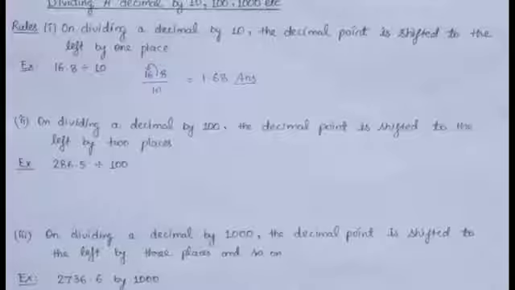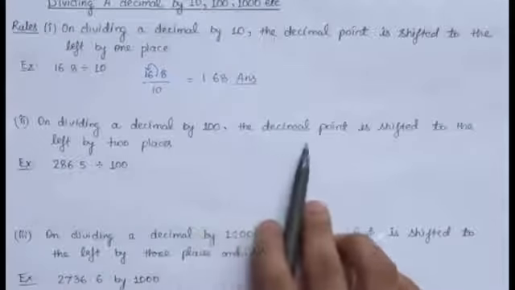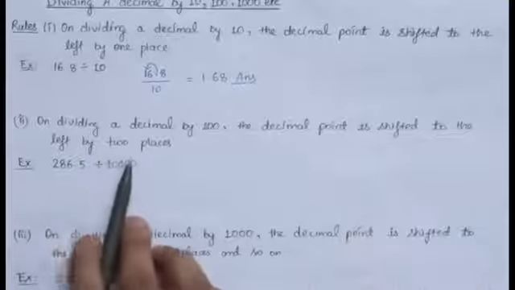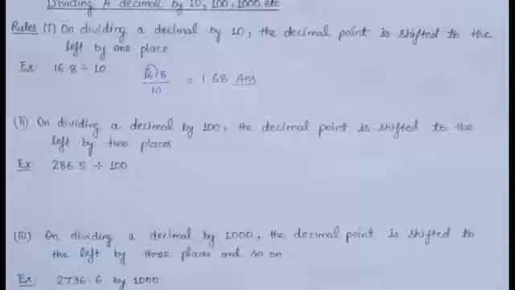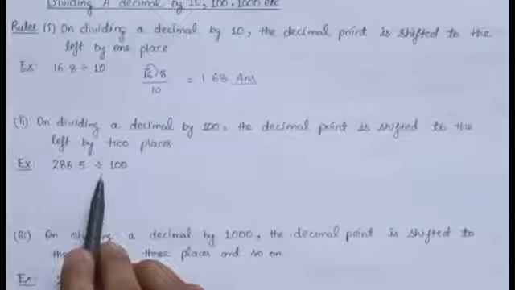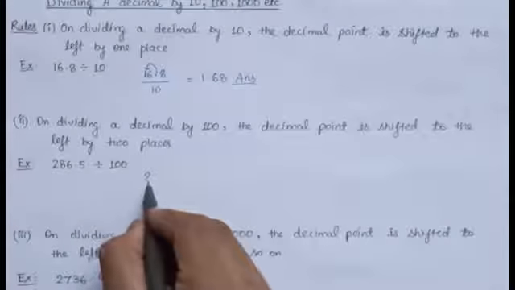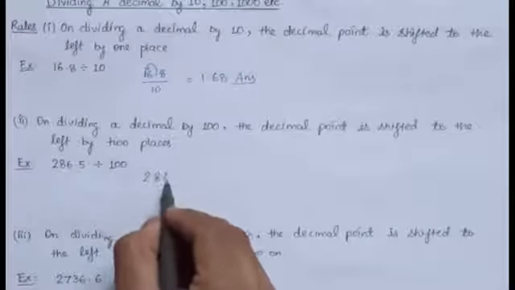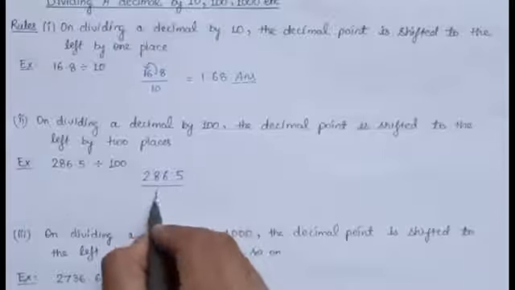In the same way, whenever we have to divide a decimal by 100, the decimal point is shifted to the left by two places. Let us see how. For example, if we have to divide 286.5 by 100, we write 286.5 divided by 100.